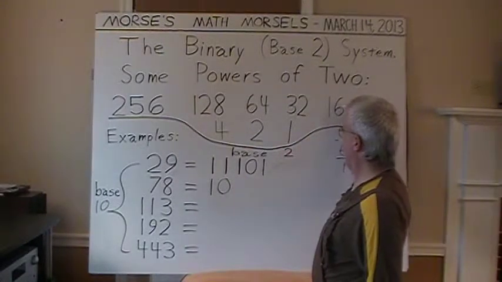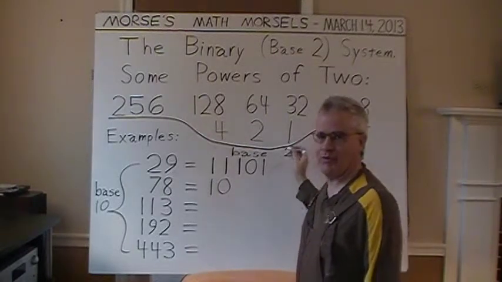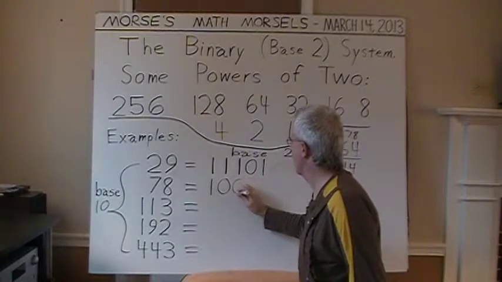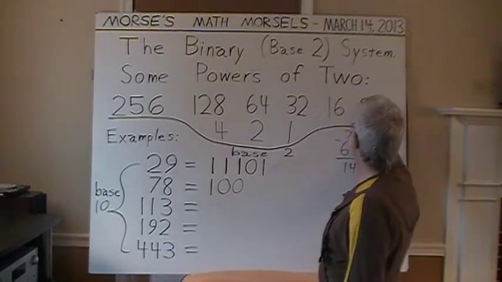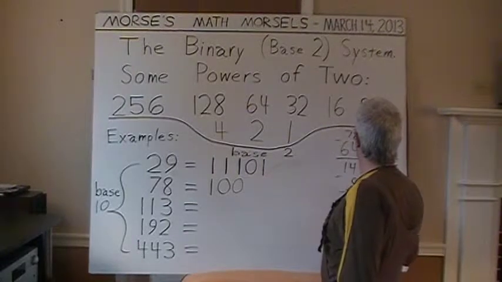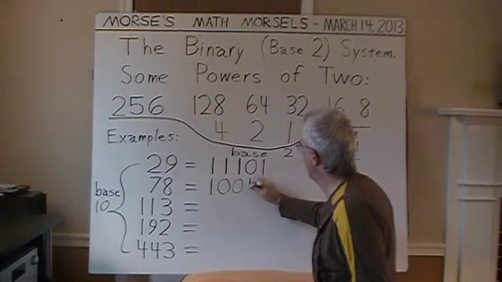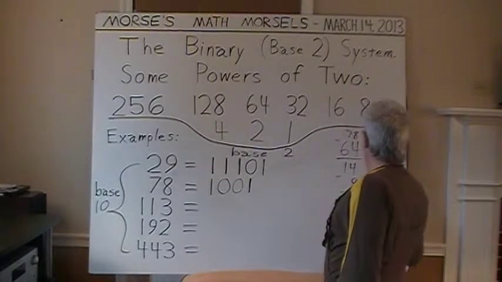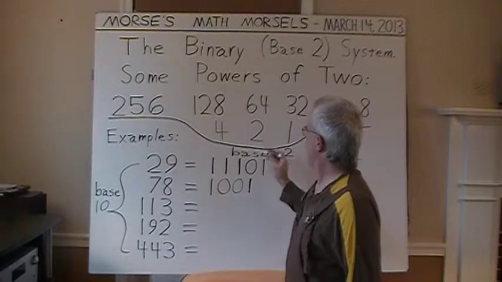How about 16? Nope, that's still too big to fit into this 14, so we need another 0 as a placeholder. Have to go down to 8. Yes, we can use 8 as a power of 2, and we can put a 1 here representing the 8. So we have 6 left over.